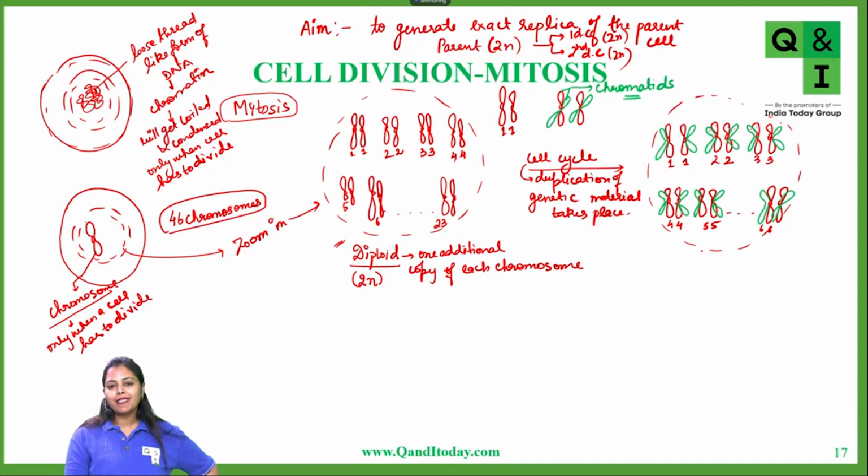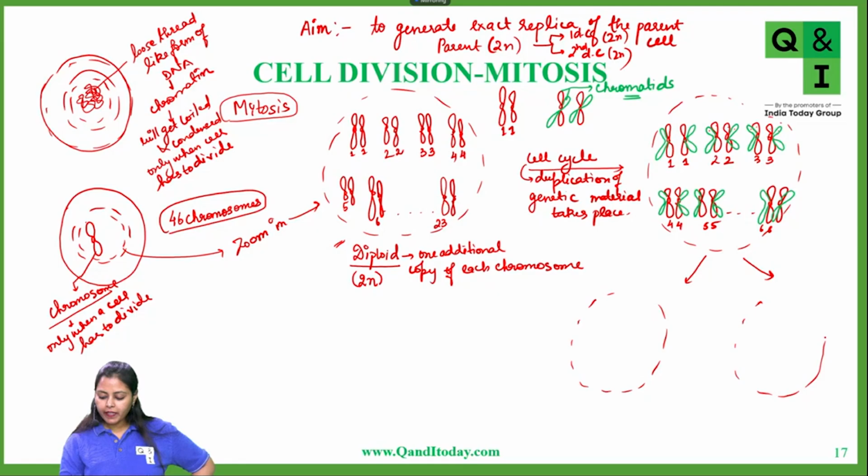Now you can see that division can occur because we now have 4 copies of the first chromosome, and 4 copies of each chromosome. So this will get divided into 2 daughter cells.